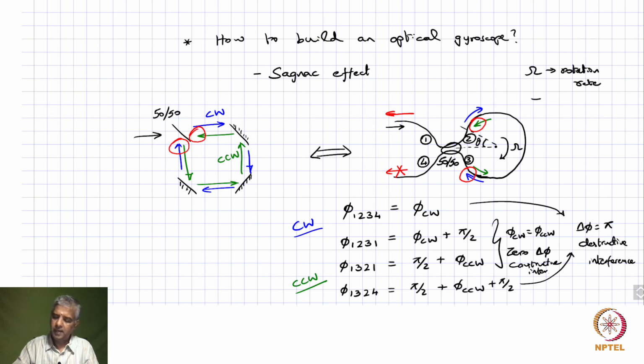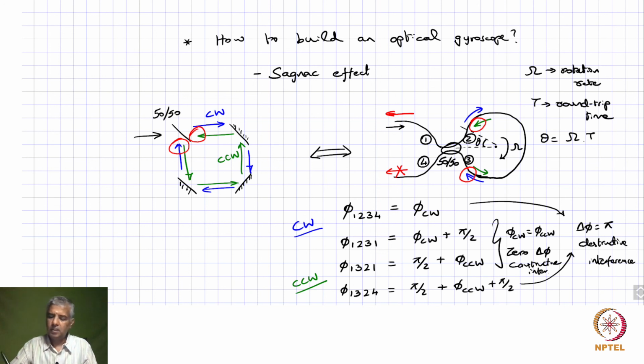So if t is the round trip time, then theta is going to correspond to omega times t, okay.